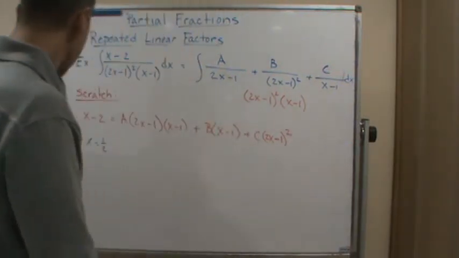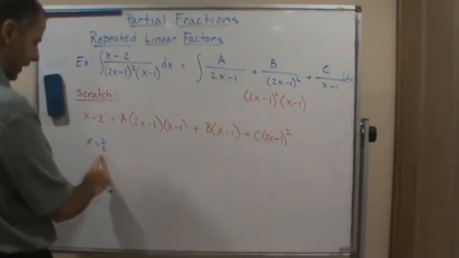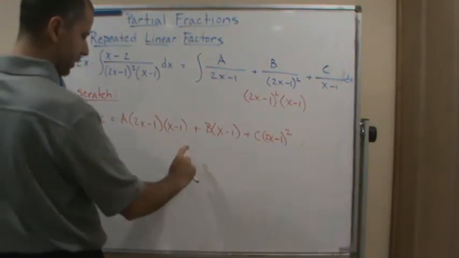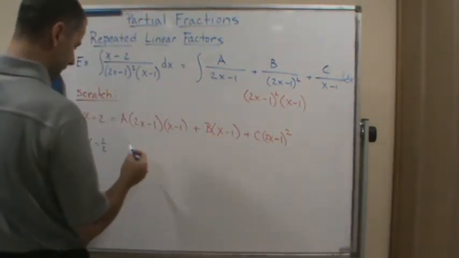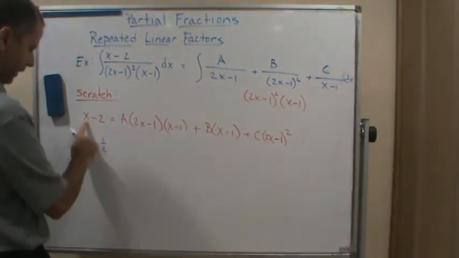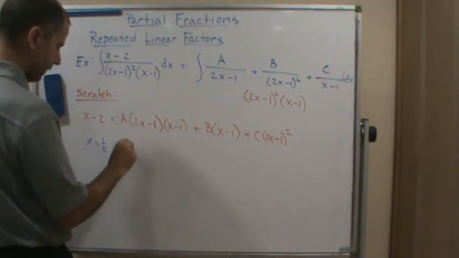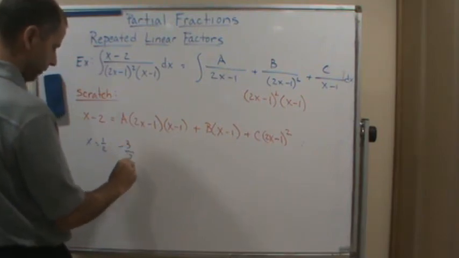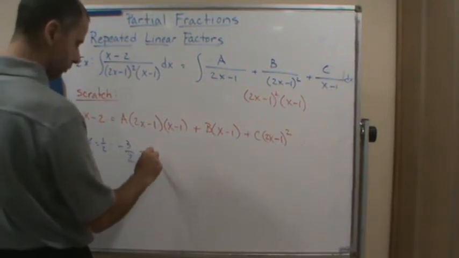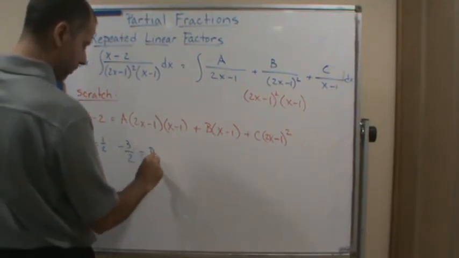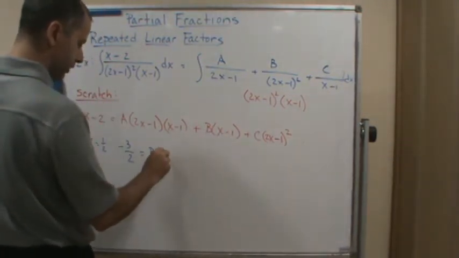Okay, so if we do this, x equals 1/2, this goes to 0, this goes to 0, and we end up with, well, 1/2 minus 2 is negative 3/2 equals b times what? This is 1/2 minus 1, which is negative 1/2.